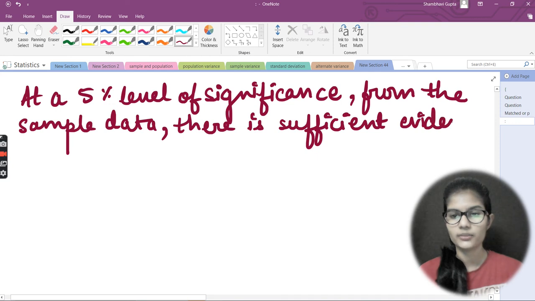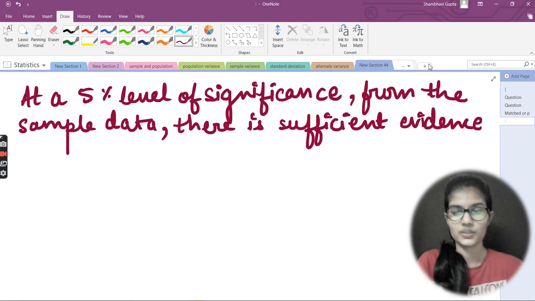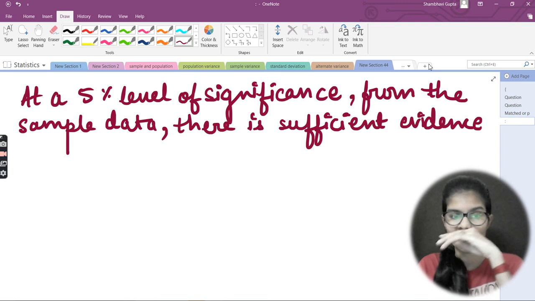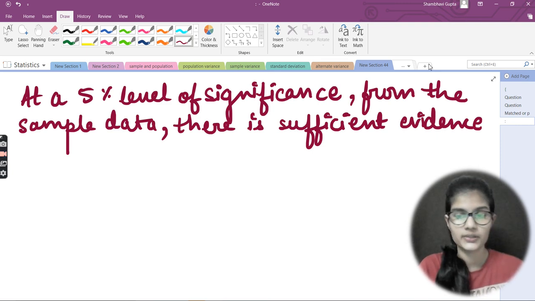Till now, remember that in the previous questions we were writing that there was insufficient evidence to conclude anything, right? But here we are writing that yes, we have sufficient evidence. Now why is that so? Because here we are rejecting the H naught. So it means that alpha is greater than the p-value. In that case, we reject the H naught, and we can make a proper conclusion. If this is not the case, then again we write that there is insufficient evidence and all those things. But that's not the case right here, correct?